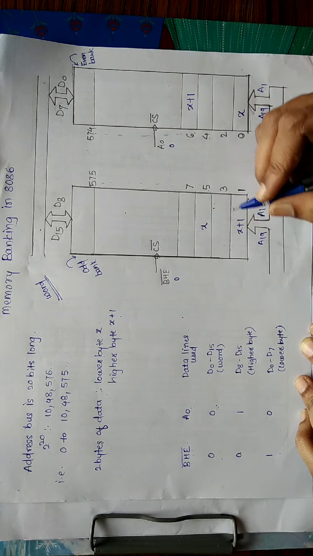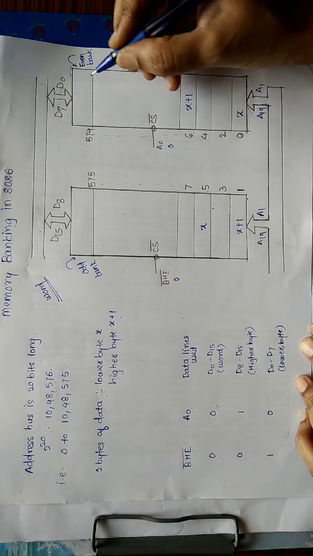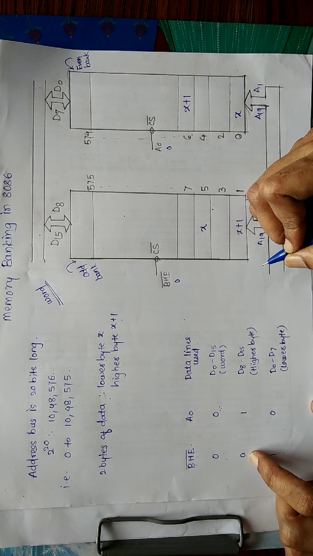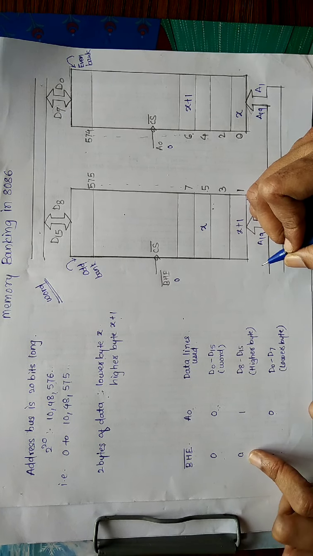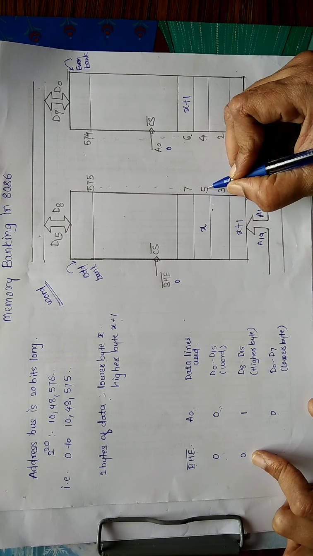Instead, with the first read operation, A0 gets deactivated and BHE bar gets set to 0 to access this fifth location.